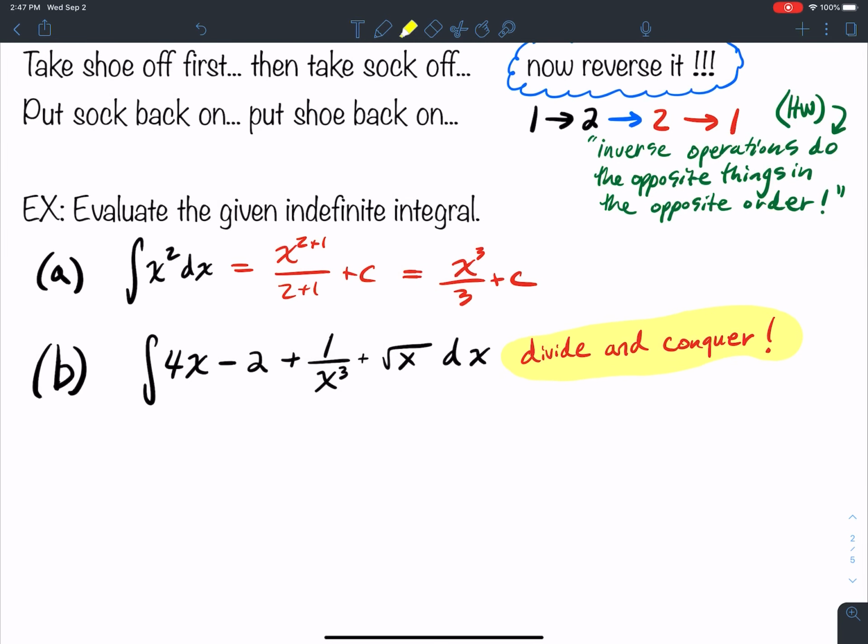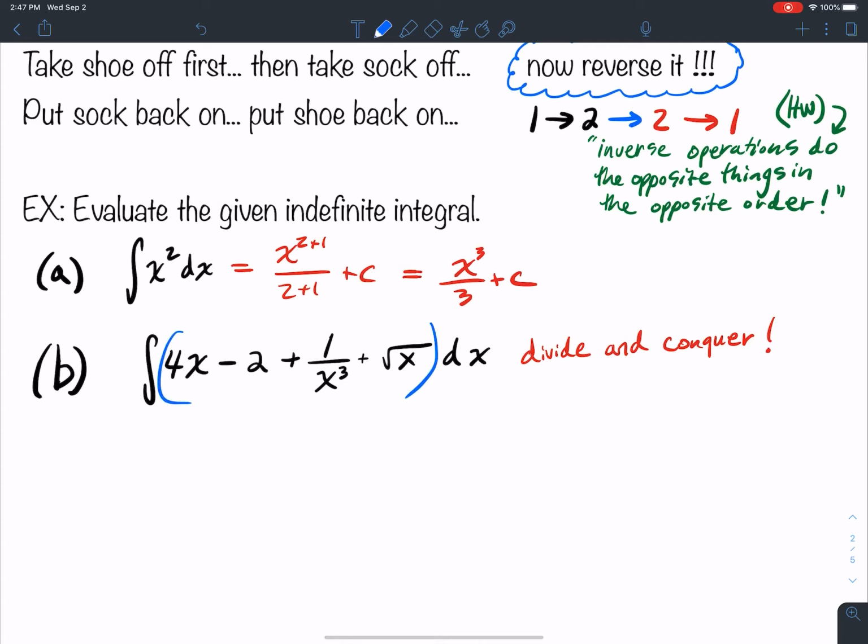So just so you know, if I have the integral of f plus g dx, this is equal to the integral of f dx plus g dx, okay?